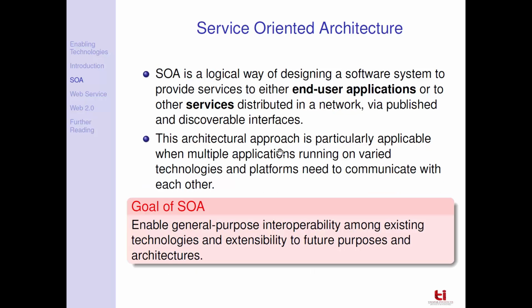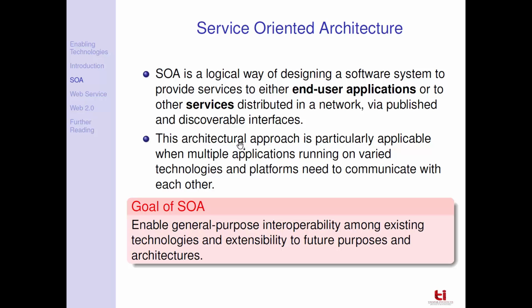So let us look at a more precise definition. SOA is a logical way of designing a software system to provide service to either end user application or to other services distributed in a network via published and discoverable interface. What is important here is that the service can be provided to either end user application or to other services also. So services can also invoke other services for certain tasks to be done.